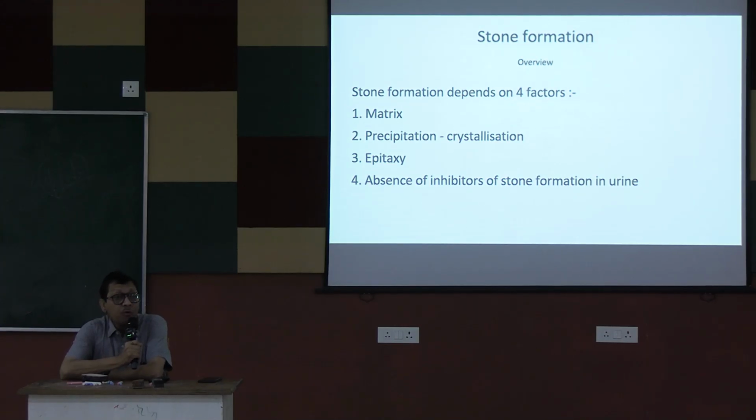It may happen due to concentration of the urine, that means you are dehydrated. Or it may happen if there is some obstruction somewhere by which excretion of the products is not possible. So it is either overproduction, concentration of the urine, or obstruction, which allows precipitation or the superabundance of ionic contents in the form of calcium oxalate in the system.